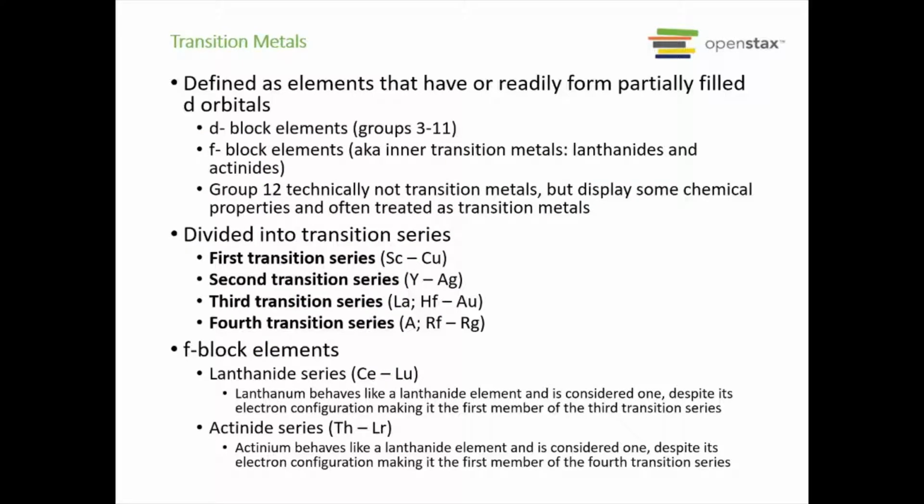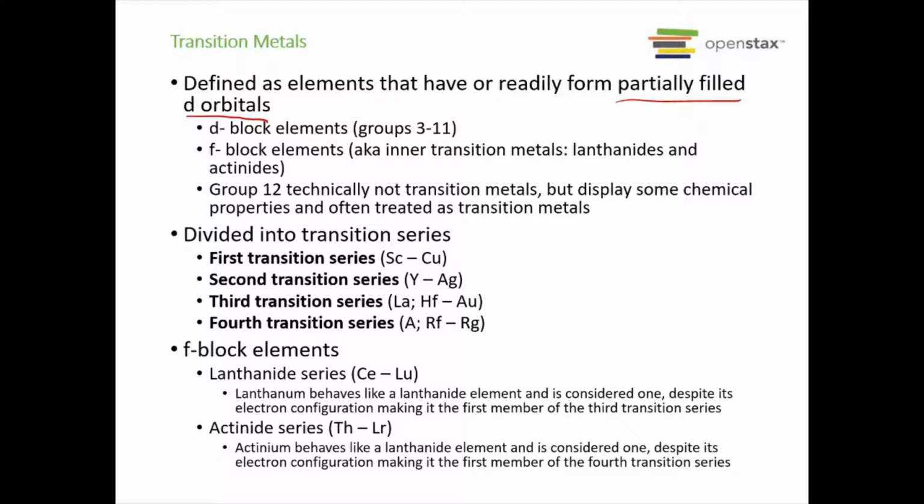So transition metals themselves are defined as elements that have or readily form partially filled d orbitals. So, we have S block, we have P block, and then we have D block. So these can be the D block elements, groups 3 through 11. We also count the F block elements, which are also called the inner transition metals, the lanthanides and the actinides. Those are the two groups kind of that are below the main part of the periodic table.